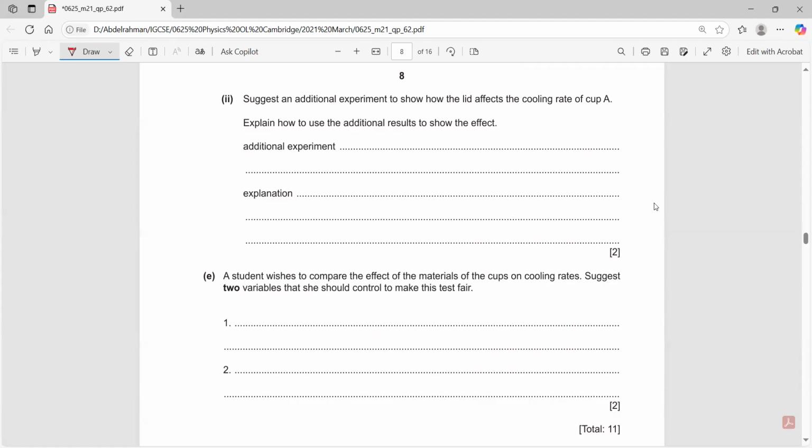So the additional experiment would be to repeat the experiment without the lid.